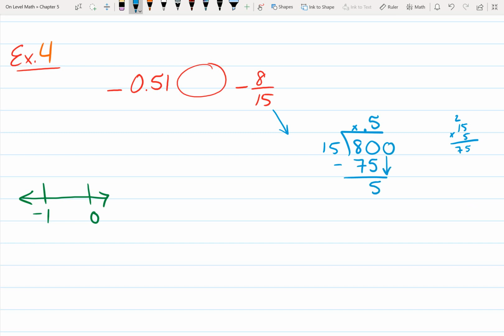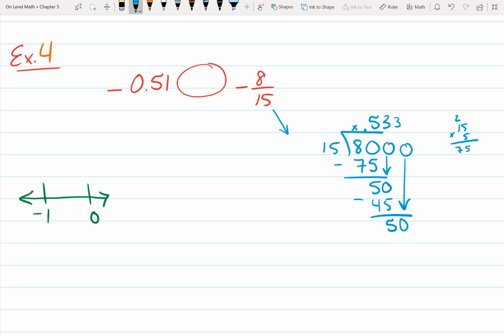Add a 0, bring it down. How many times can 15 go into 50? Well, 15 times 3 gives us 45. Subtract, get 5, add a 0, bring it down. And what are we going to notice is going to happen?